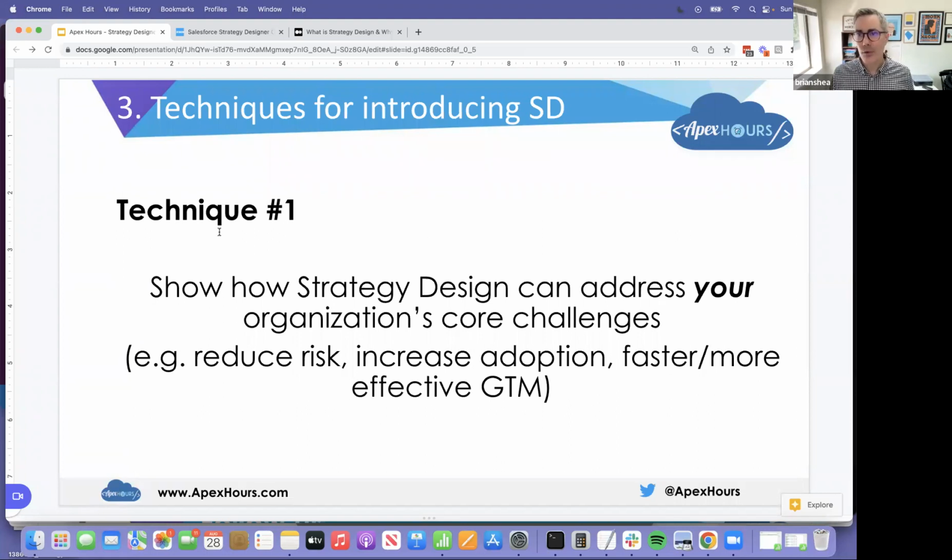But at the end of the day, an organization, particularly one that's not familiar with the concept, is going to need to hear about these concepts and understand them in terms of how they can improve what they're doing today, and in particular what is on the mind of the organization as their core challenges. When I work with organizations, what I find is every organization has history.